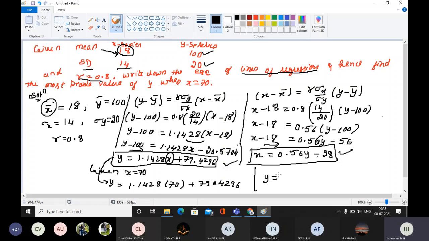Check it once. It will be 159.4256. So this is the answer that we obtained.